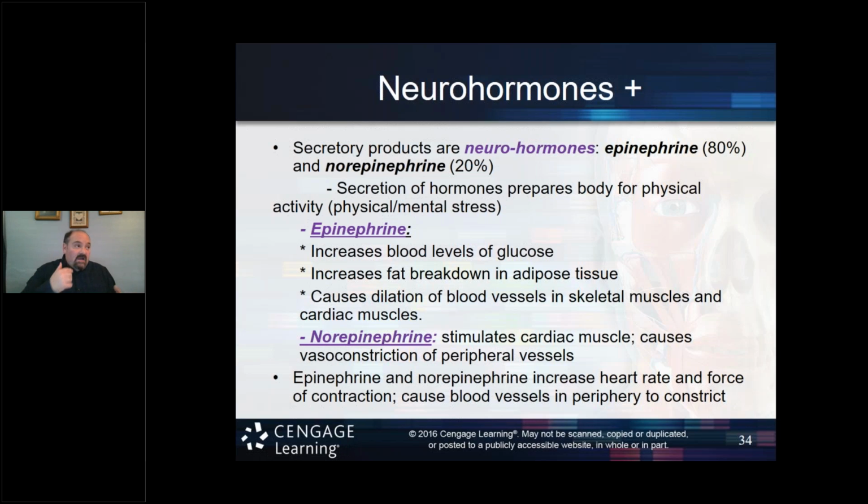Because they're involved in nervous system function. So in response to your sympathetic nervous system, your body will kick out epinephrine, right? It's like the hormone that jacks you up and prepares your body for action, for some type of physical activity. Also could be mental as a result of mental stress, right?